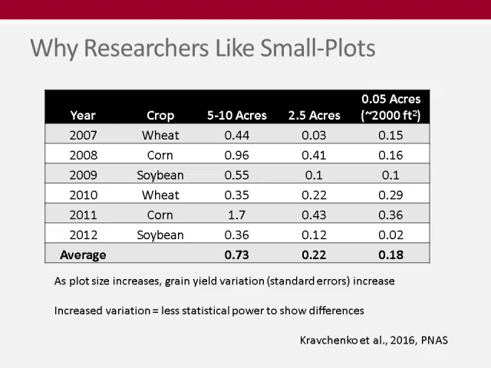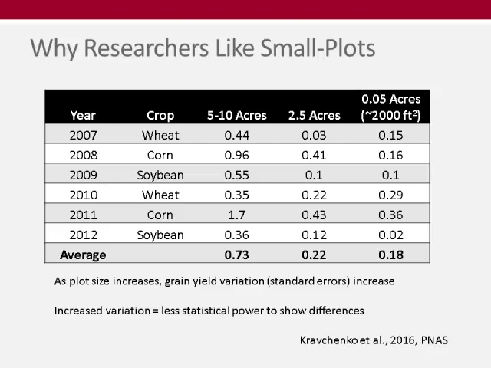So when we have a lot of variability, it means our statistical power goes down the drain, right? And so that's why we like small plot research, because we can make statements like, that treatment has an effect, or that treatment doesn't have an effect.